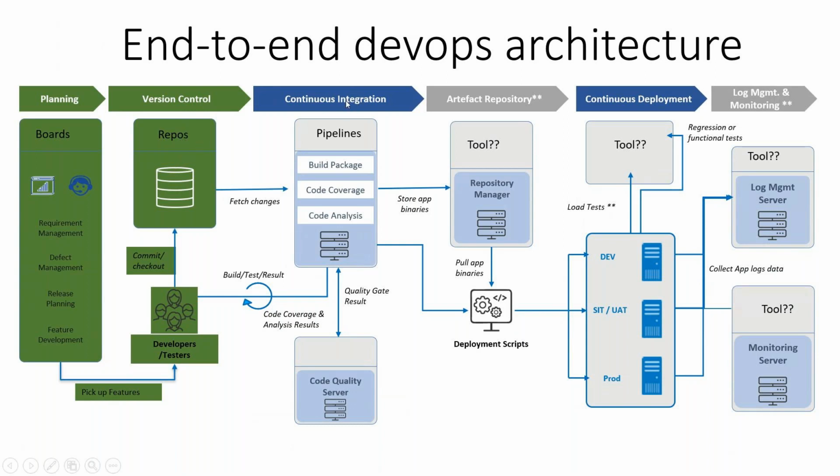And how do you do build, which is equivalent to continuous integration in DevOps, we use Azure Pipelines. And artifact management, how do you manage your binaries for better operational maintenance? We use Azure Artifacts. And how do you deploy your applications, which is the output of your build activity? For that we use Azure Release Pipelines in Azure DevOps.